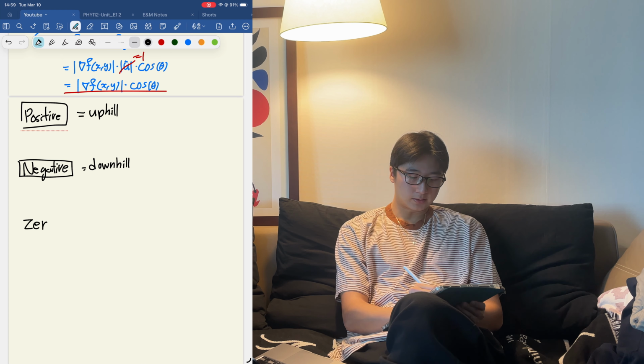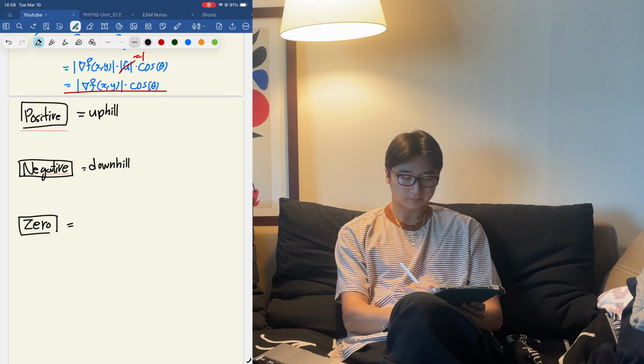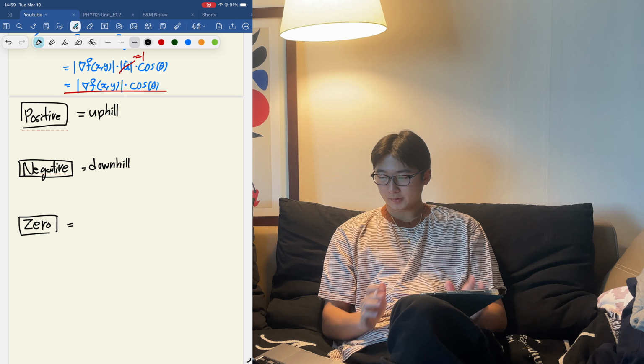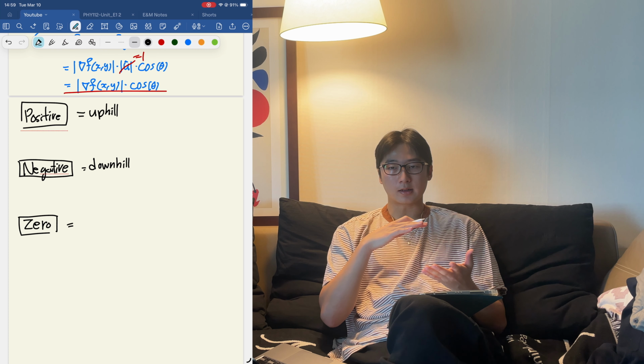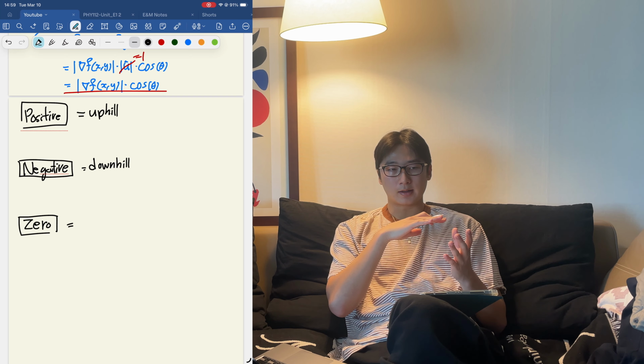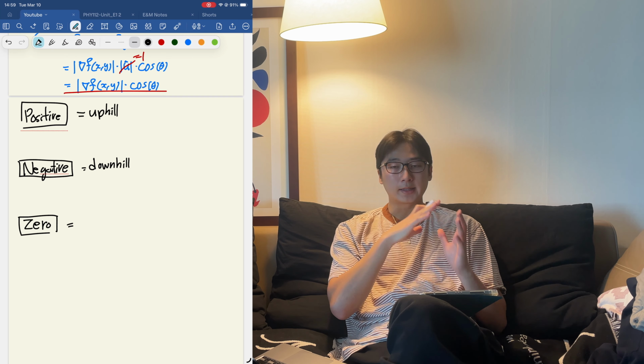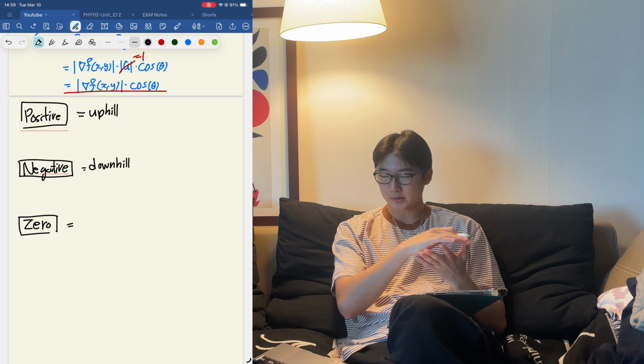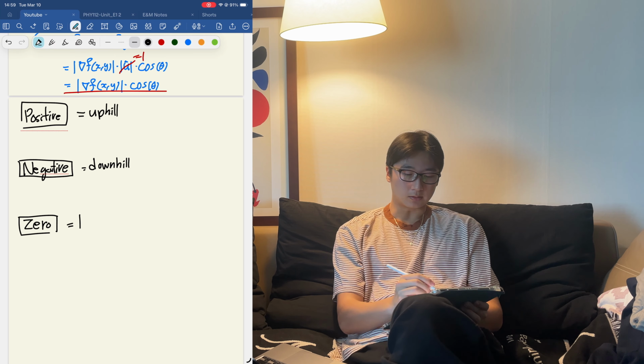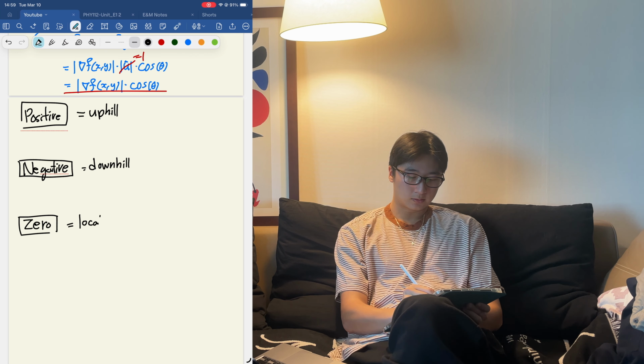And when it is 0, this is where things get more interesting. 0 means the surface in that direction at that point is locally flat, so you're moving along a level curve.